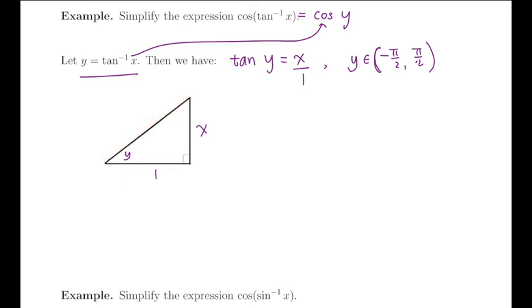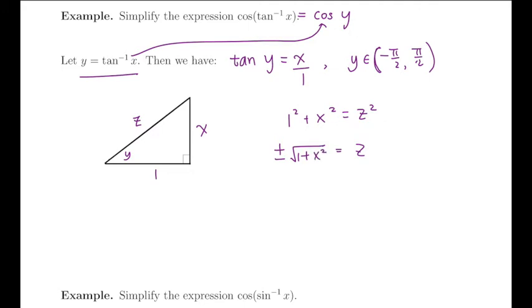Well, that's easy to do by using the Pythagorean theorem. Let's call this z and figure out what z is by using the Pythagorean theorem, which says 1 squared plus x squared is z squared. So z is plus or minus root 1 plus x squared.